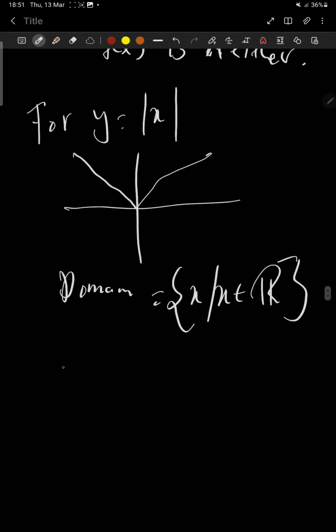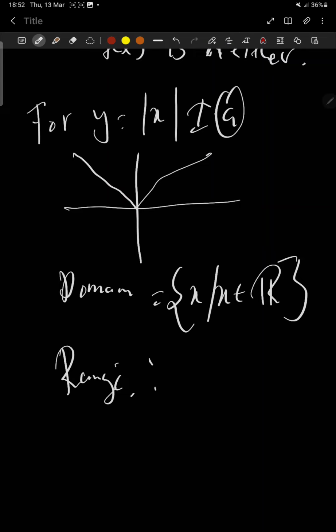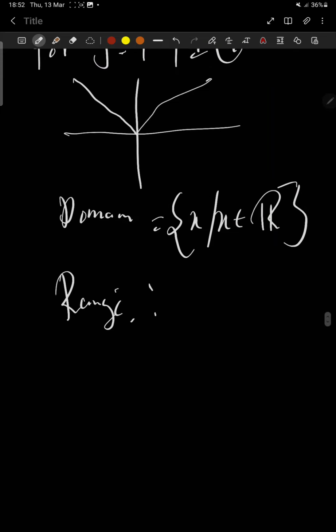But the range is dependent on the number that is here, and also the sign of the modulus. So I'll give an example.